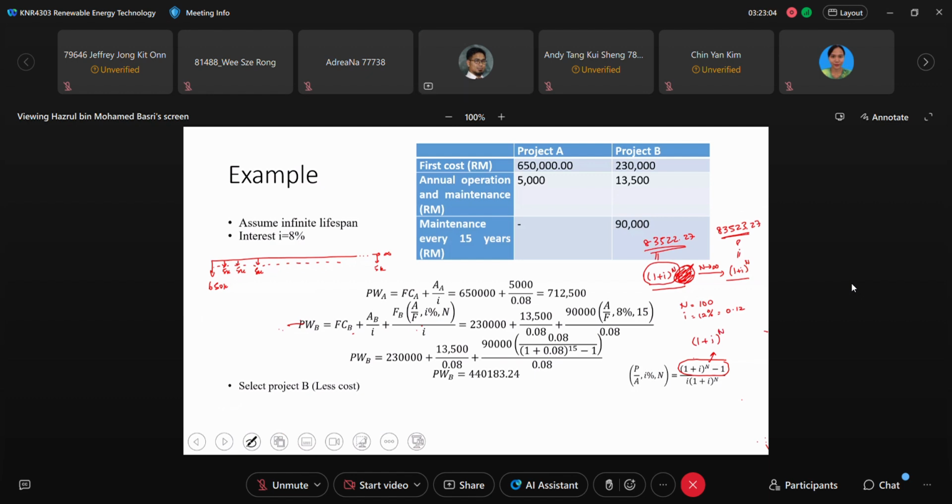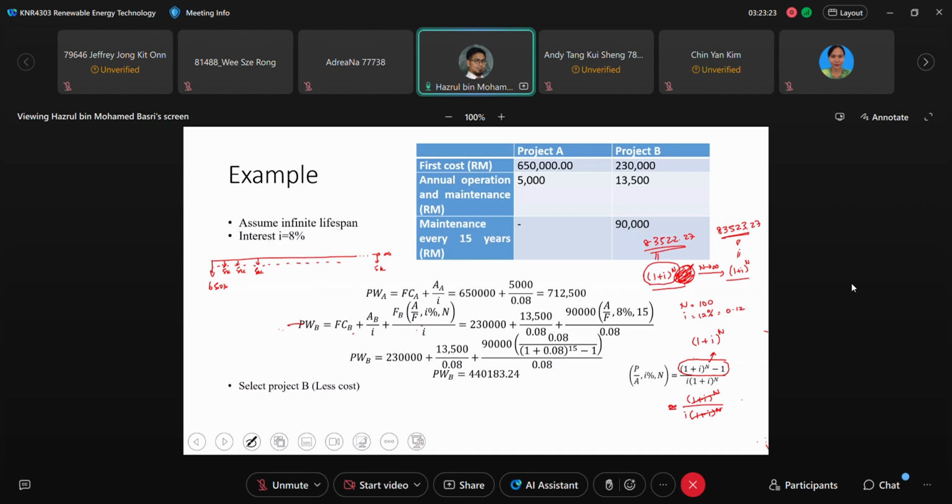So this term over here can be approximated to 1 plus I to the power of n. So this one, I don't put equal, I put almost equal to 1 plus I to the n over I, times 1 plus I to the power of n. As you can see, this term and this term can be simplified.